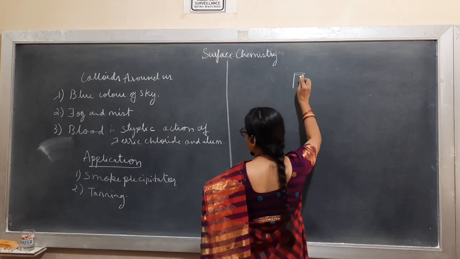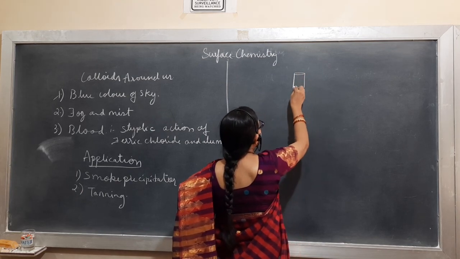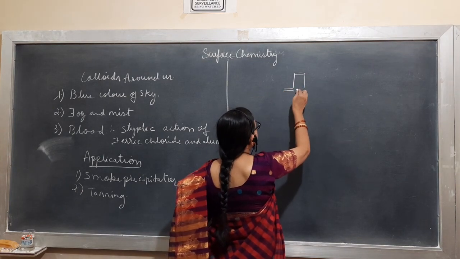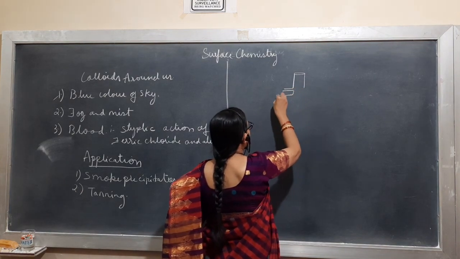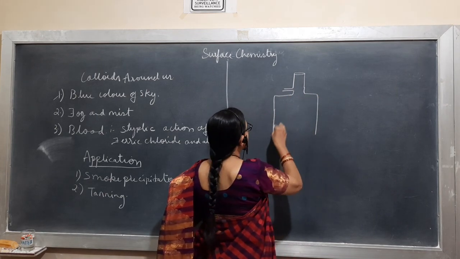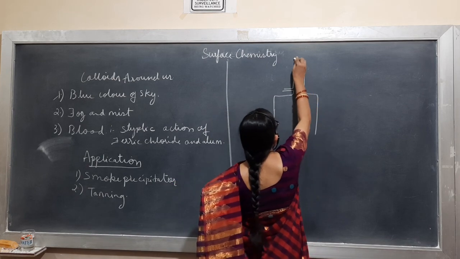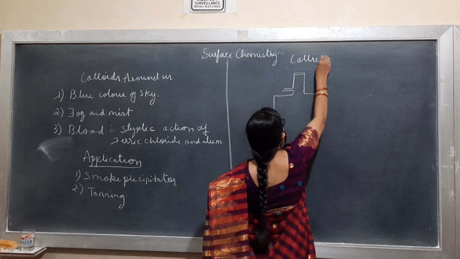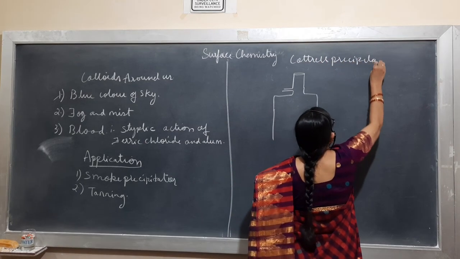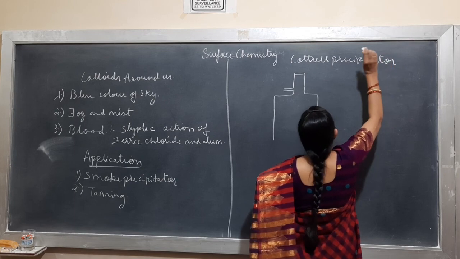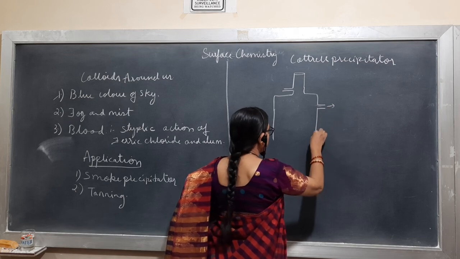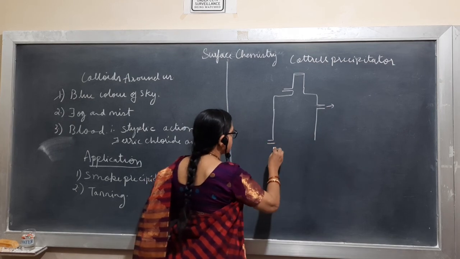A chimney in industries lets out all kinds of gases, so before letting them out into the atmosphere, they are treated. We have an apparatus called the Cottrell precipitator. Here is an outlet for the gases, and here smoke is allowed to pass.